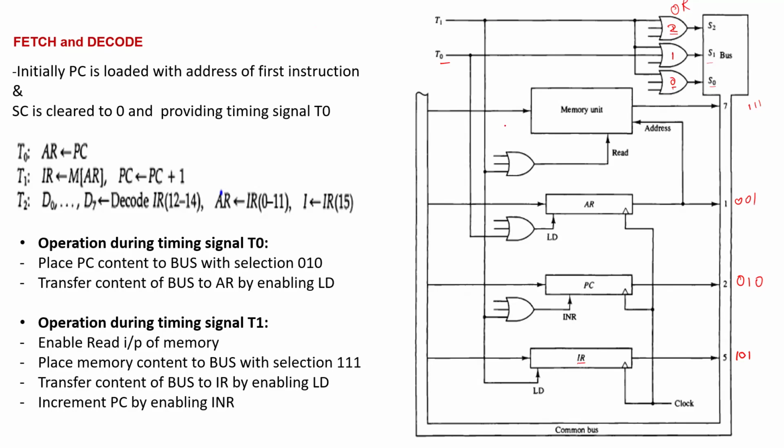On the input side, T0 is connected to the address register, whereas T1 is connected to the memory side, as well as the program counter and the instruction register.